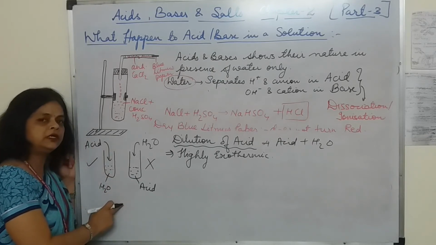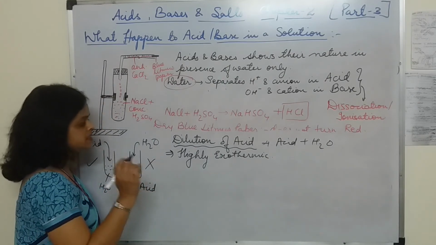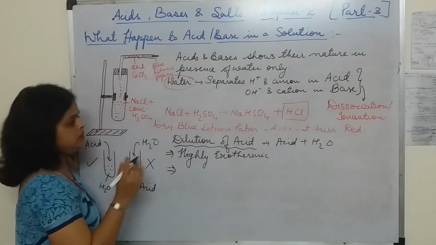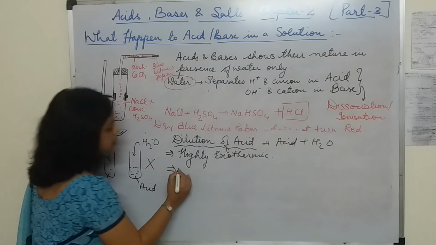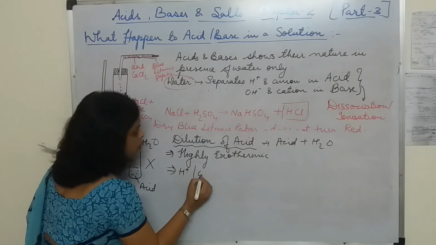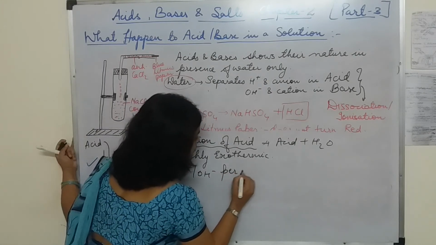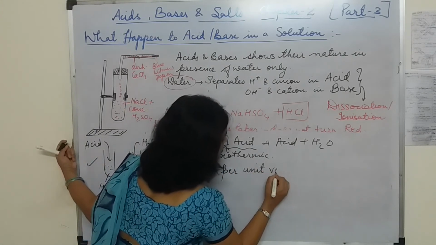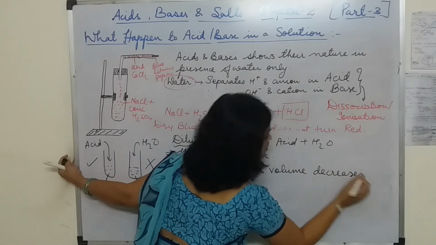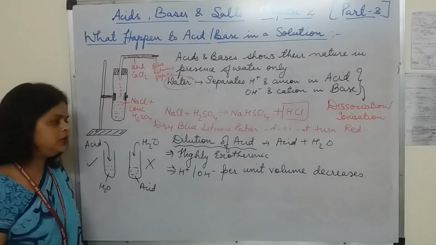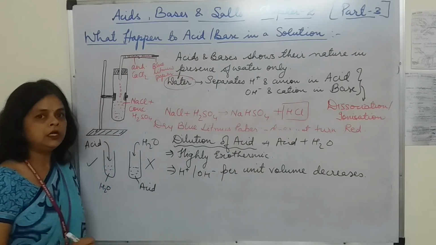There are questions in the NCERT where they ask how to do the dilution of an acid and why. Now, second thing: when the dilution of an acid is done, what is actually happening inside? The H ions, or OH ions if you are taking a base, per unit volume decrease. So with the dilution, the number of hydrogen ions per unit volume is decreasing.